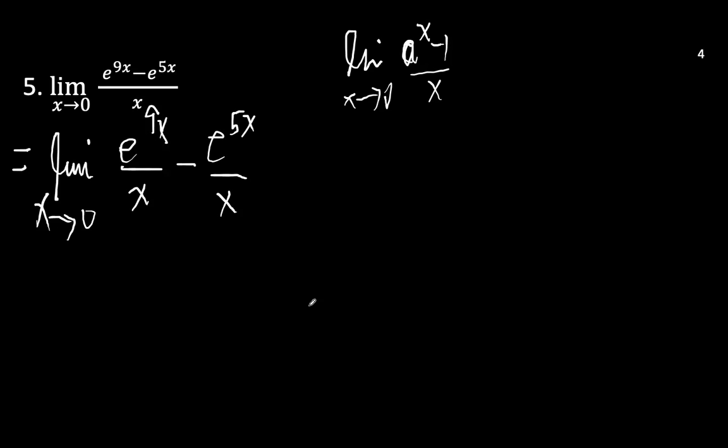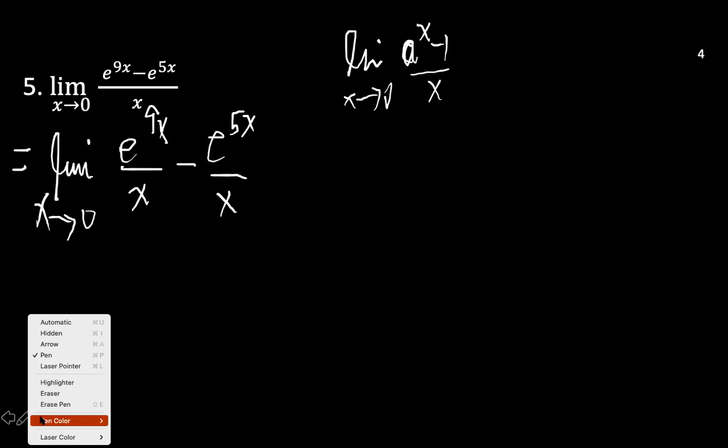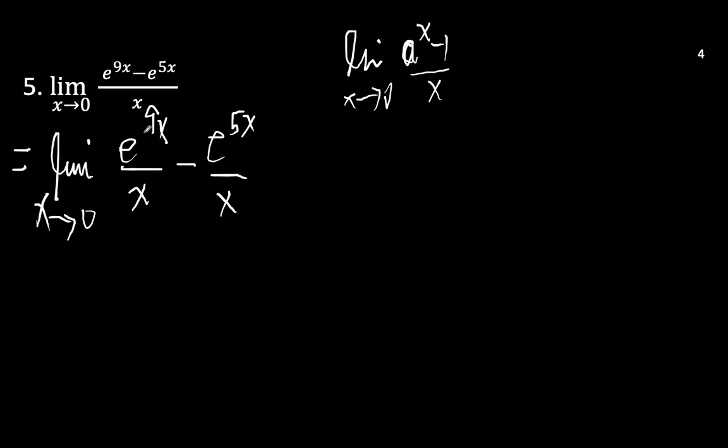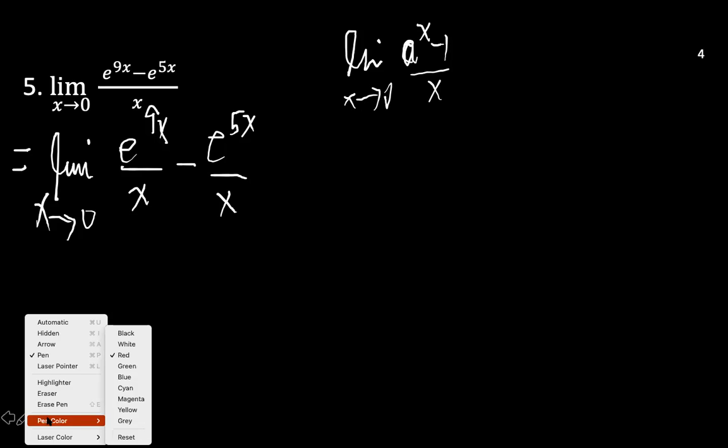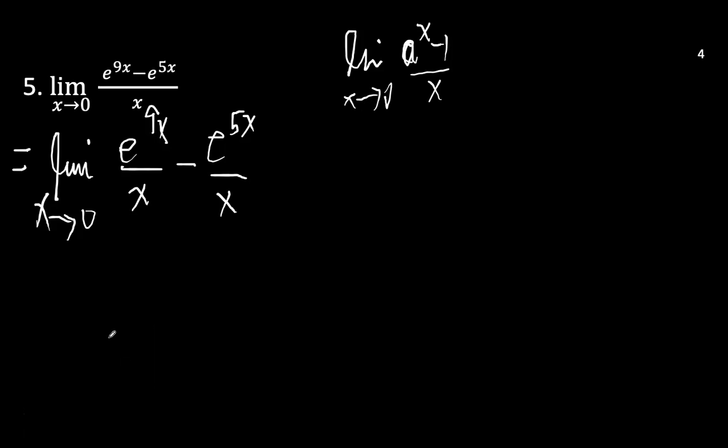But in this case, we don't have -1, right? We have only the first term. So what can we do now? We need to find a way such that we can express it similar to the given theorem. So let's find a way. All right, so for us to do this, let's see what we can do.